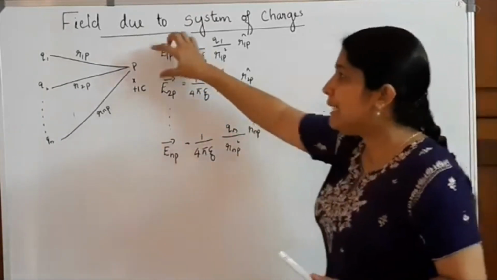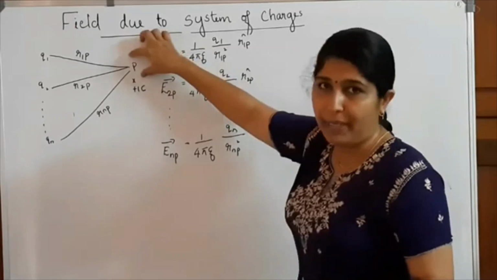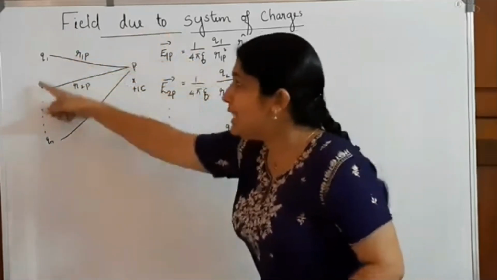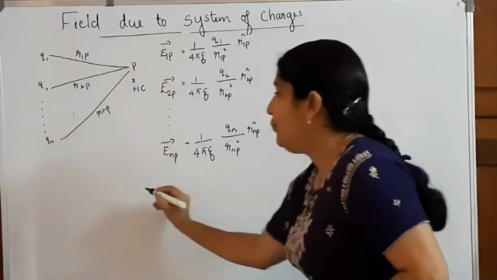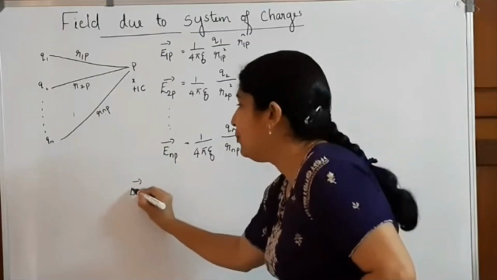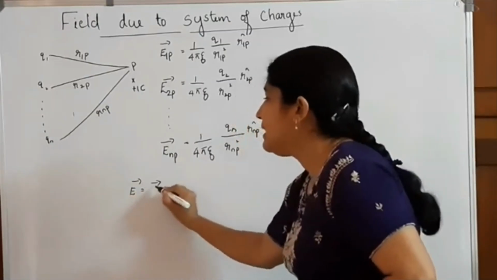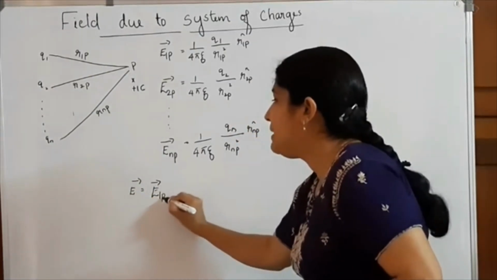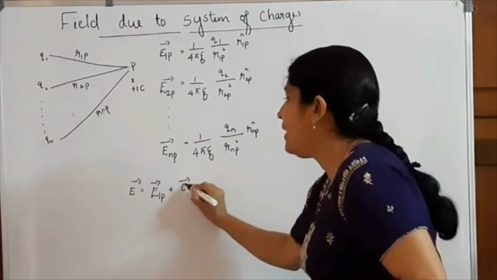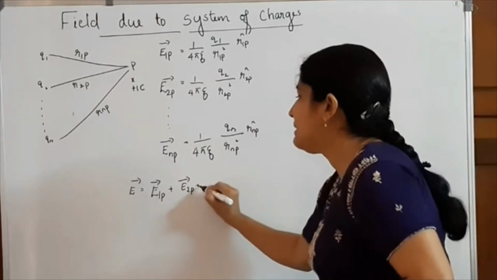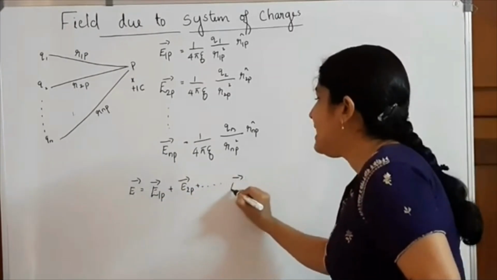Therefore, the resultant field at the point P due to these charges is vector E equal to vector E1P plus vector E2P plus etc. to vector EnP.